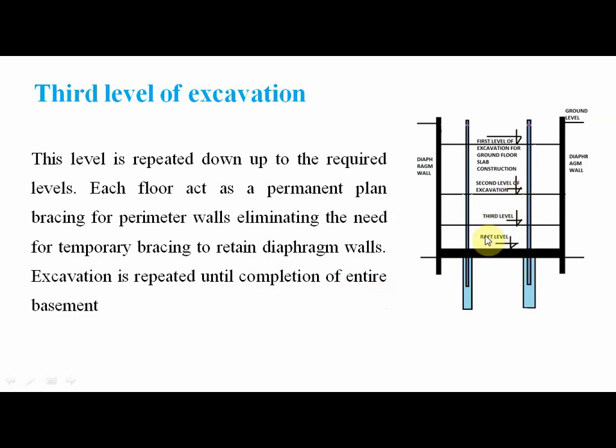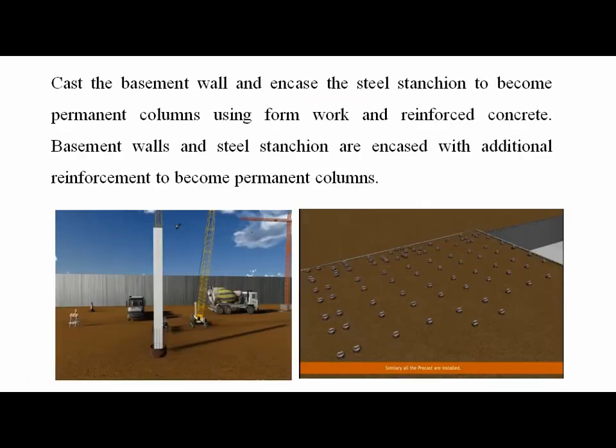So this is the third level and this is the last level. Here the raft will be constructed. Raft is nothing but the raft or mat footing. After that, cast the basement wall and encase the steel stanchions to become permanent columns using formwork and reinforced concrete.